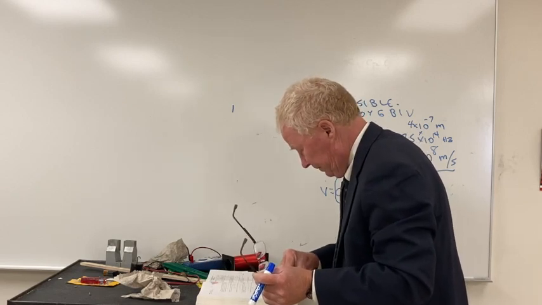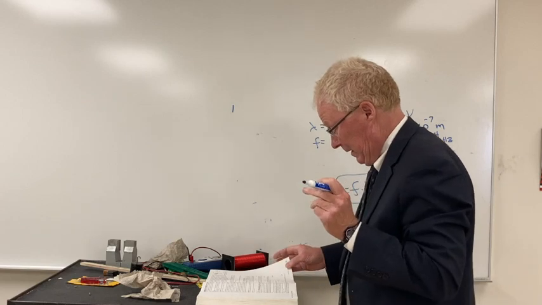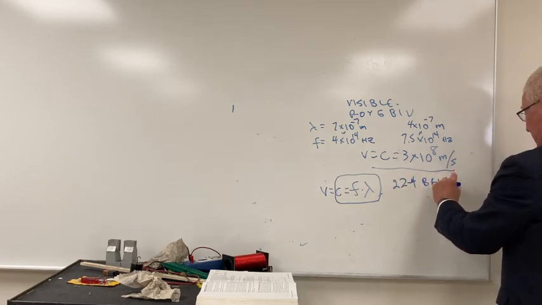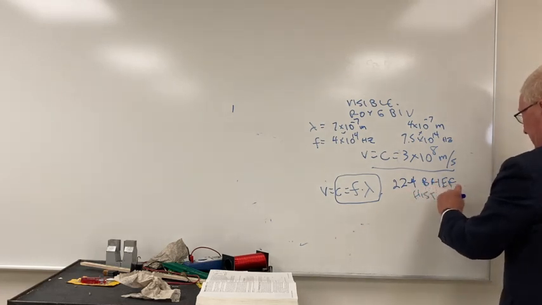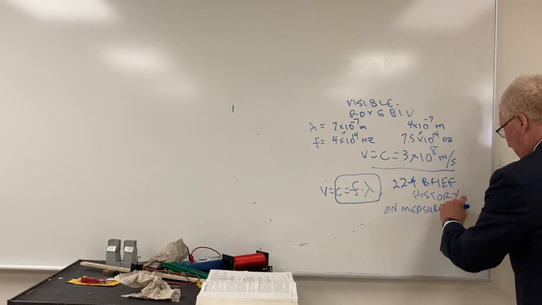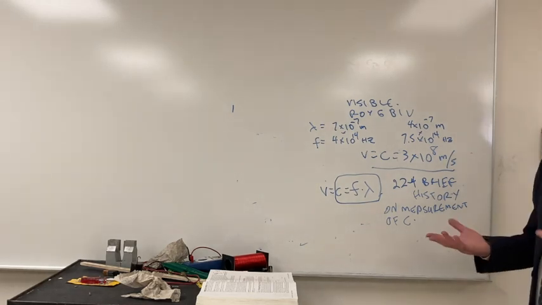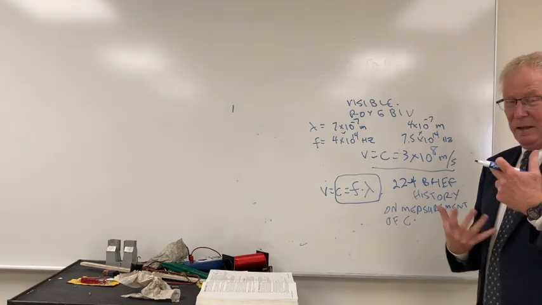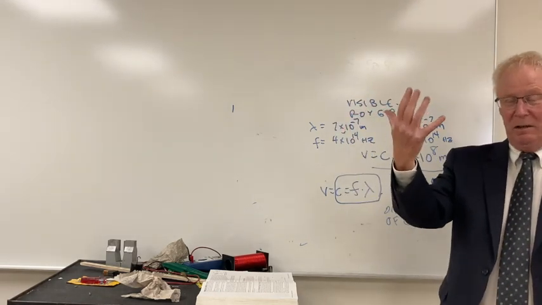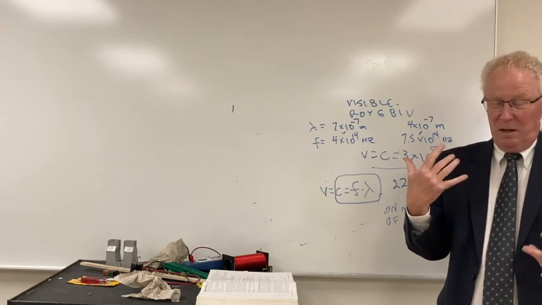Section 22.4, a brief history on the measurement of the speed of light, C. It goes back to the 1670s, when Ole Romer was able to estimate rather accurately the speed of light by observing the moons of Jupiter as they appeared, and the fact that they were delayed based on whether Jupiter was close to or far from Earth.